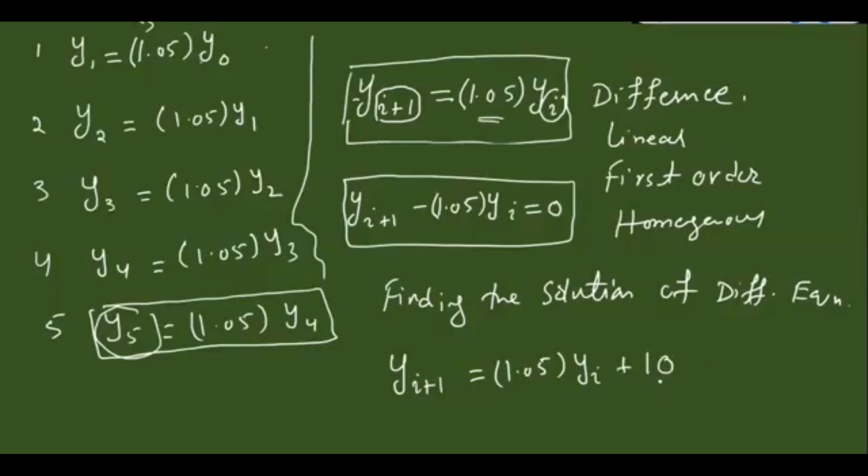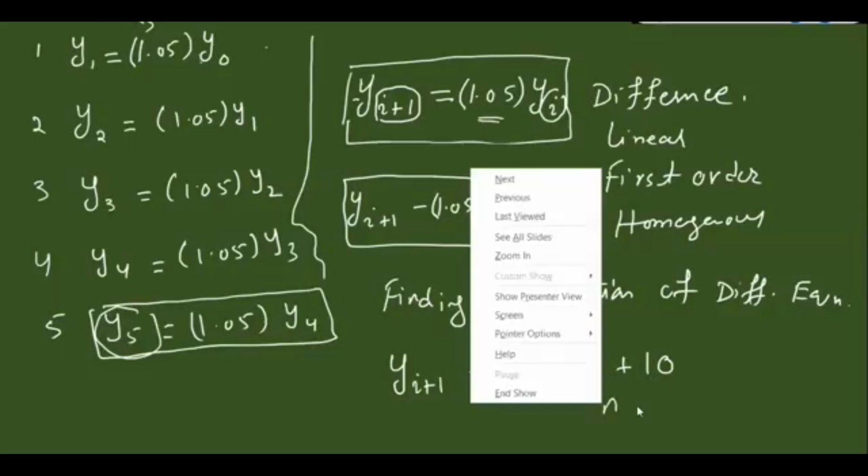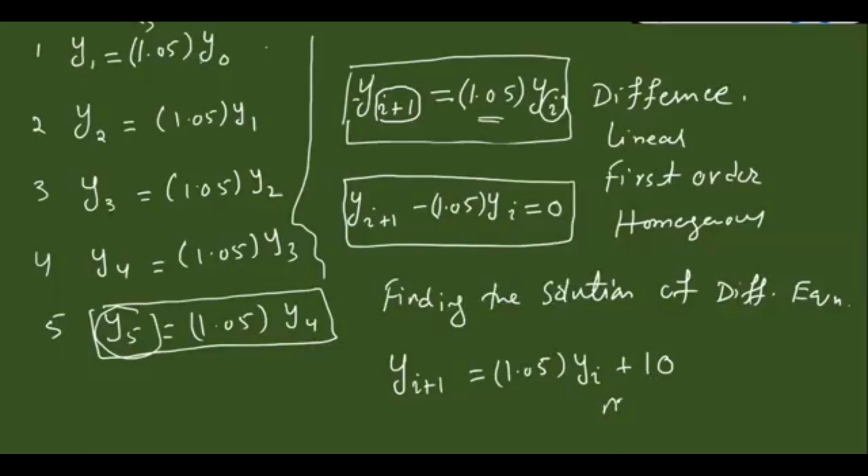It is a fixed bonus, not depending on any index. So if I bring all the index terms to one side, I will never get the right hand side equal to 0, because that term is 10 or 20 or 30. So in this case, the equation is treated as a non-homogeneous difference equation.